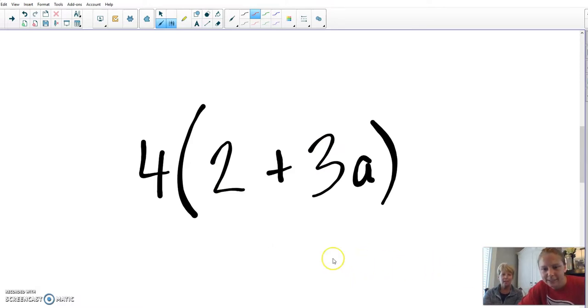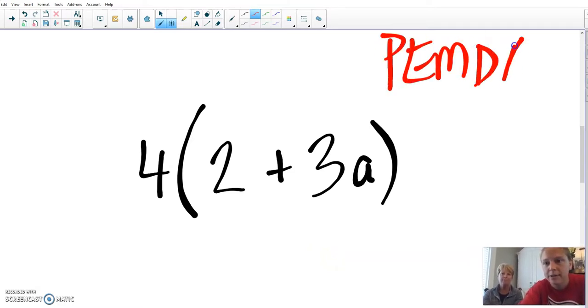I would say do what's inside the parentheses first. Okay, so I am kind of impressed right now. If you remember PEMDAS, parentheses is what we are supposed to do first. But my students watching this video, you should know we can't do 2 plus 3a because this is a 2 plus 3 apples. If the 2 doesn't have an a, we can't put them together.